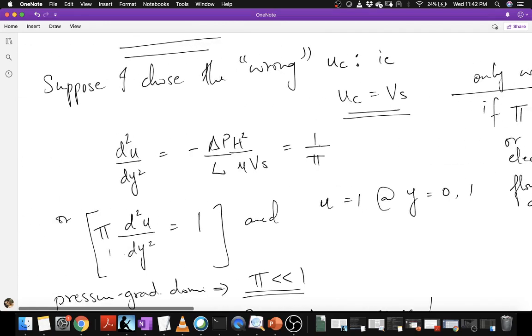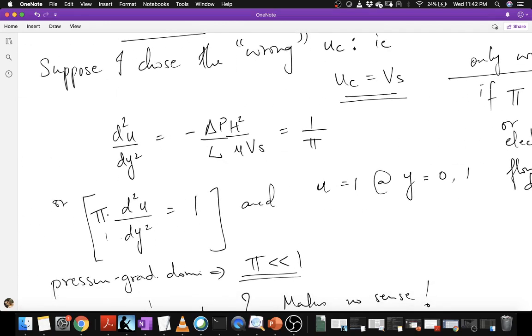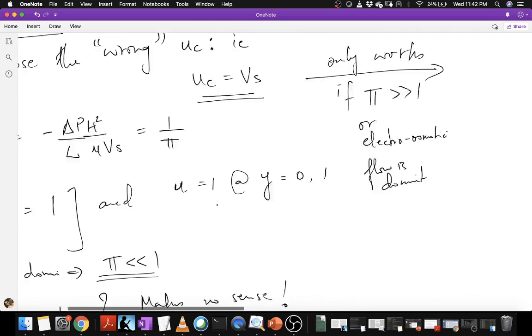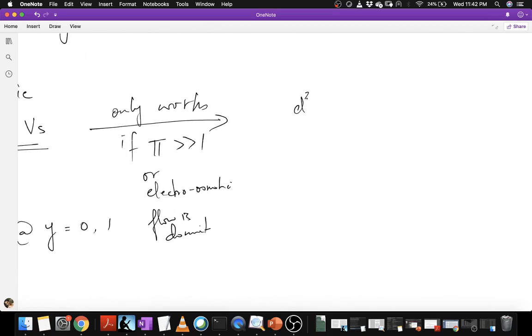And in that case, my equation, remember now pi is much greater than 1, I would take pi to the other side and say d square u by dy square equal to 1 over pi, which means that if pi is much greater than 1, it implies that I could get a simple solution.